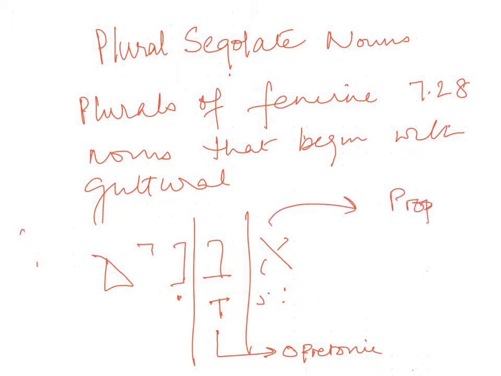This is a pro-pretonic reduction. It reduces to a shiver. Now the accent mark on the first syllable is gone because the accent is now here. This is the accented syllable. The moment you add something behind, that accent in the first syllable cannot exist there anymore. And therefore there is a pro-pretonic reduction.